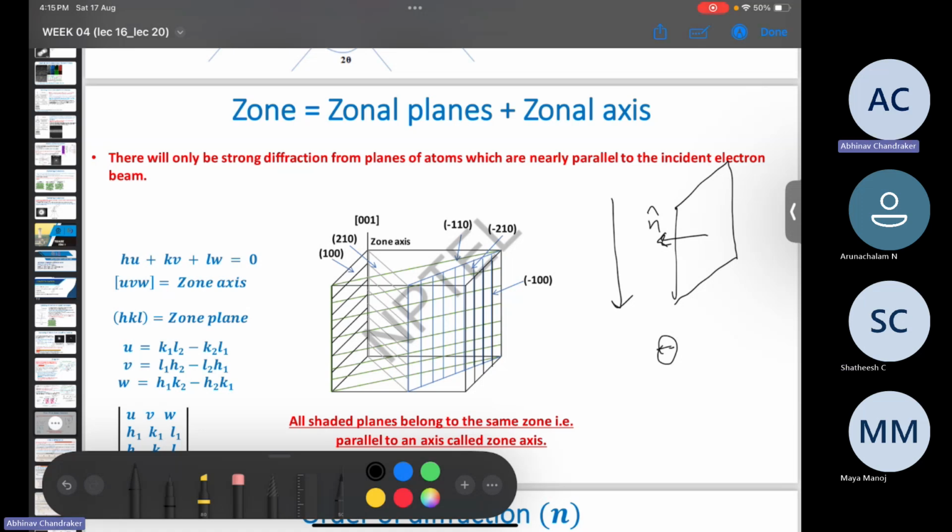So if the planes have a normal which is almost perpendicular to the electron beam axis, then we know that it will interact with the planes, and it will diffract by some small angle 2 theta.